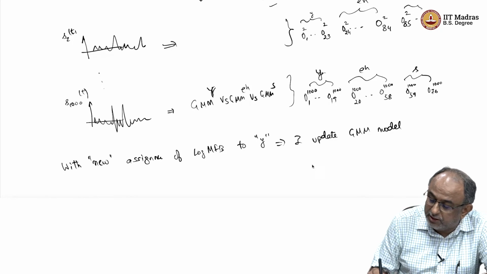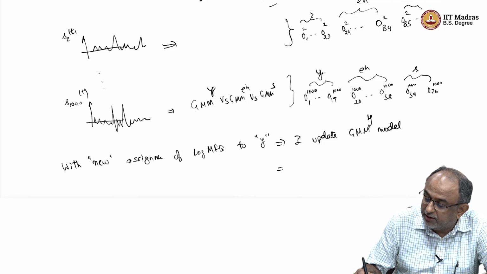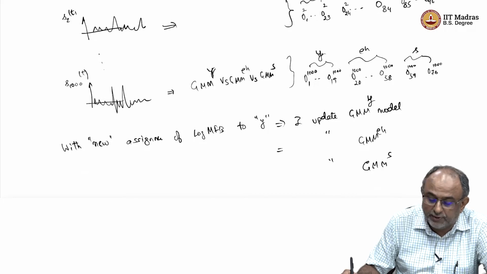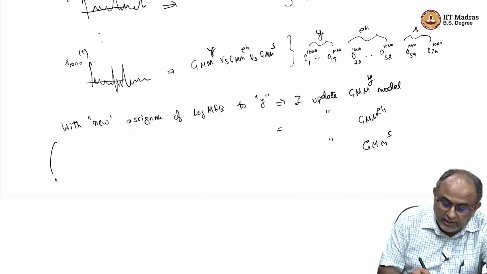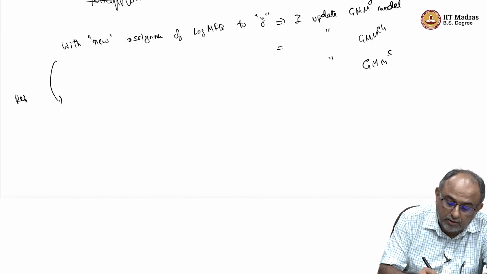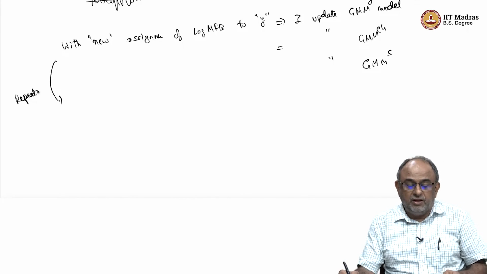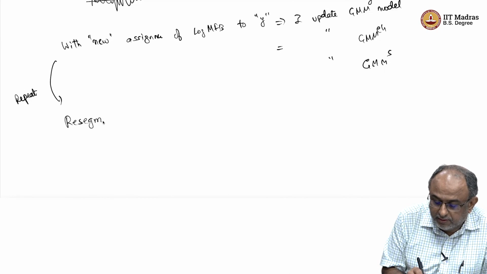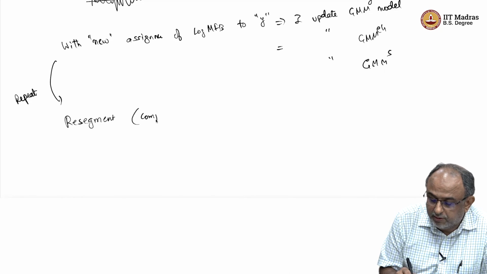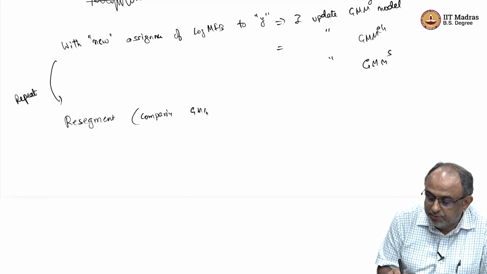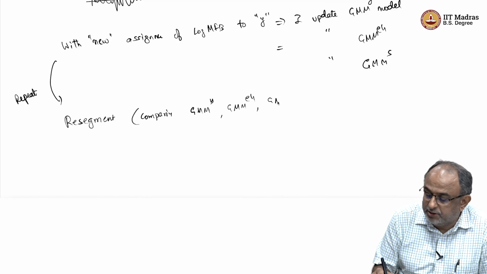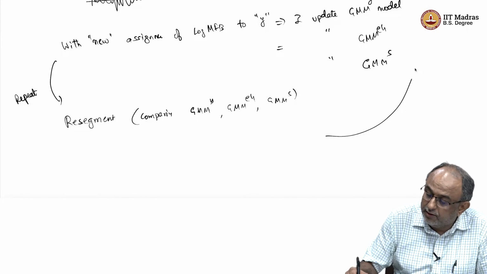Then the same thing I update for Y, update for A, update for S. Once I update, I again repeat: resegment based on comparing GMM Y, GMM A and GMM S, and again update.